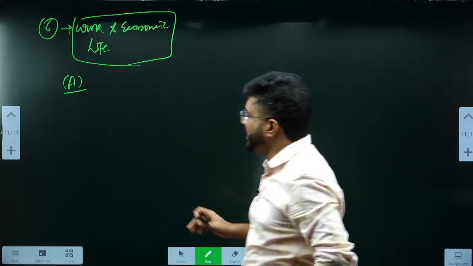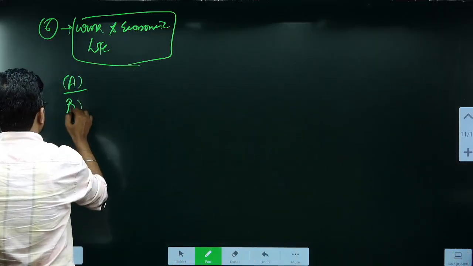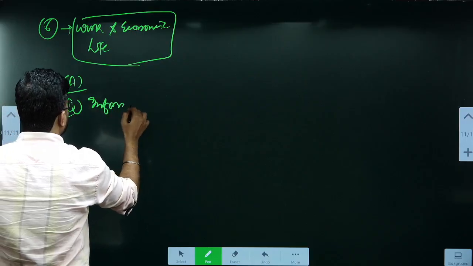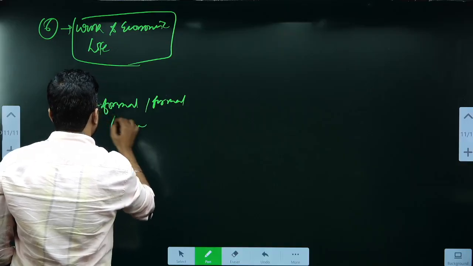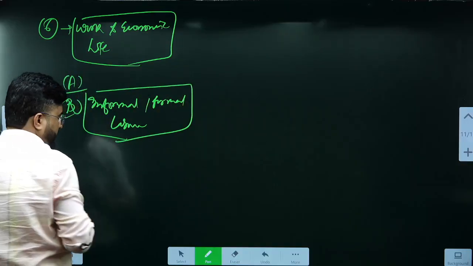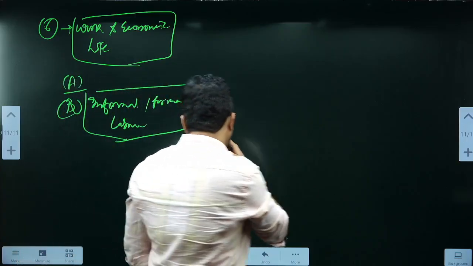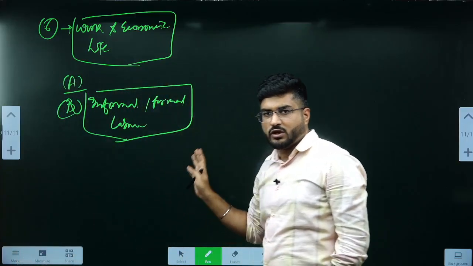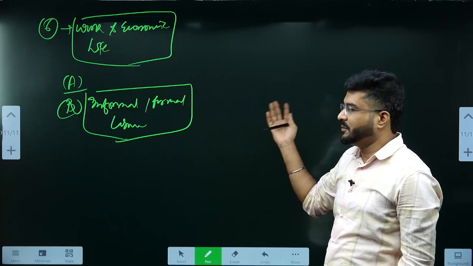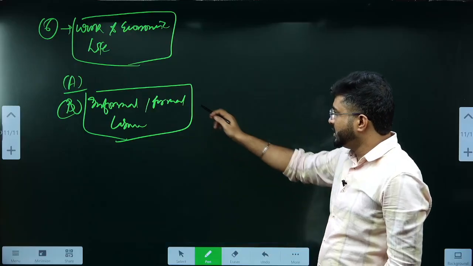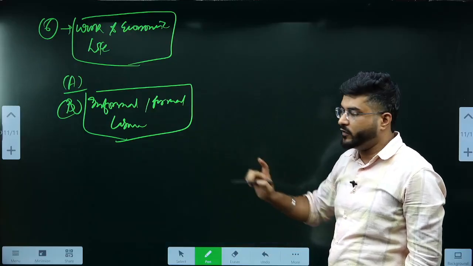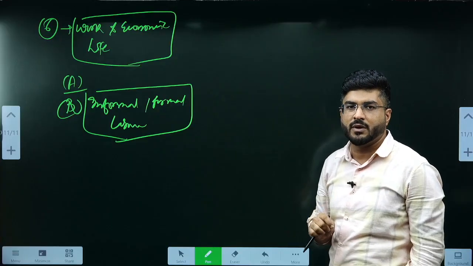After that you will be reading about informal and formal labor. Again, this is one of the important pet topics of UPSC. They ask questions related to it, and they also ask paper 2 examples in paper 1, basically the application part of these concepts. So why not cover this section with the paper 2 section, where you will be reading about informal and formal labor in paper 2.